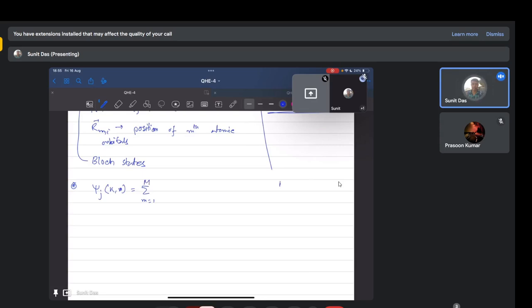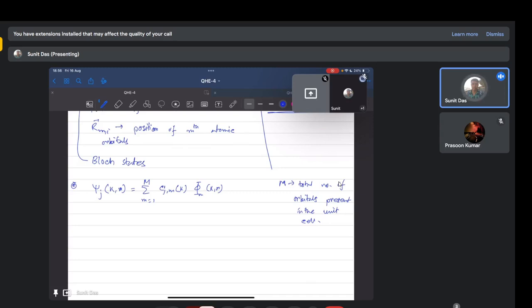So M is the total number of orbitals present in the unit cell. Okay, so let me write, c is just a coefficient, and phi m, okay, so this is phi m k r.